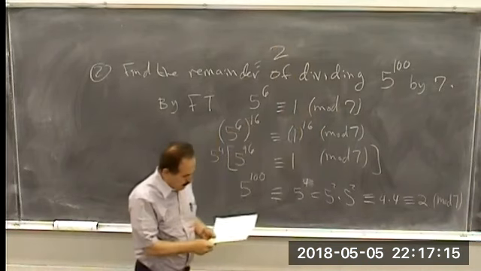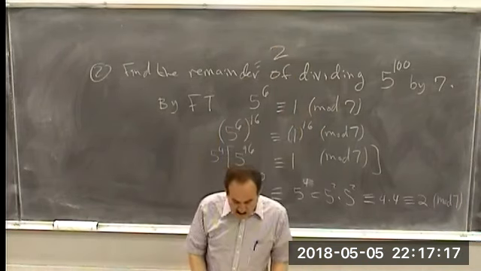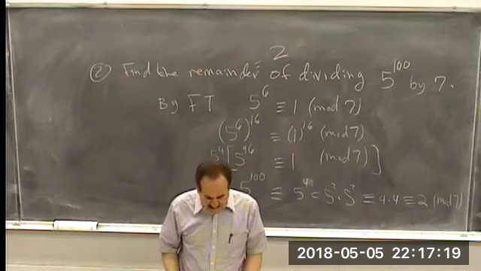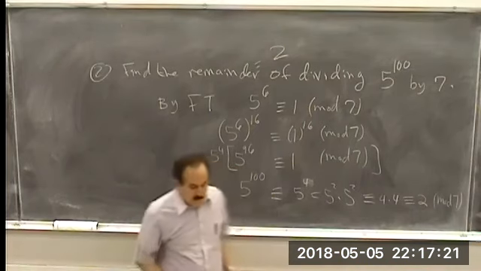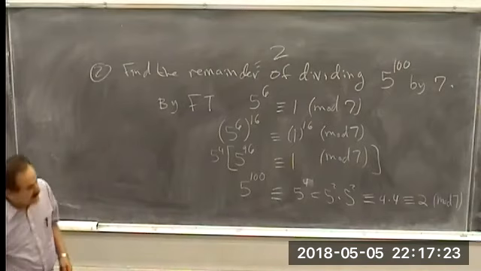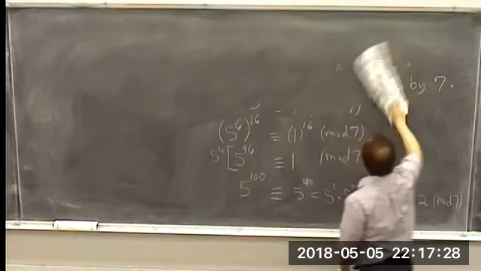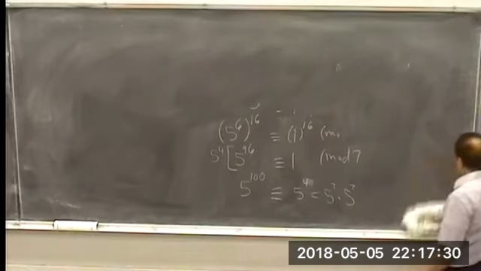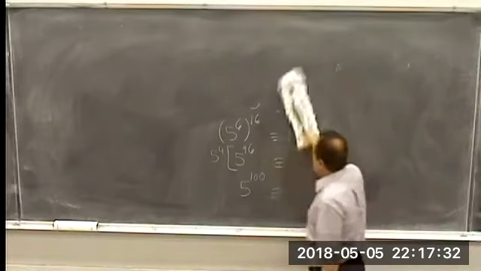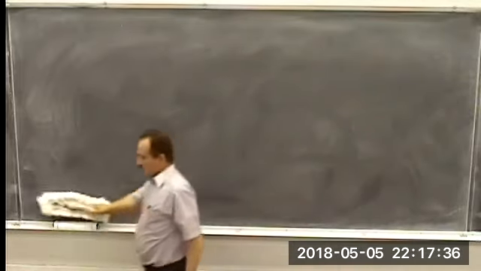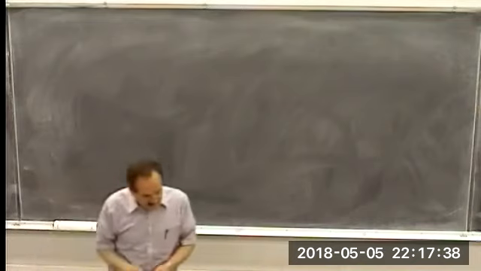All right, one final example, slightly different but along the same lines. I want to find the remainder of dividing a sum of 2 numbers by another number.